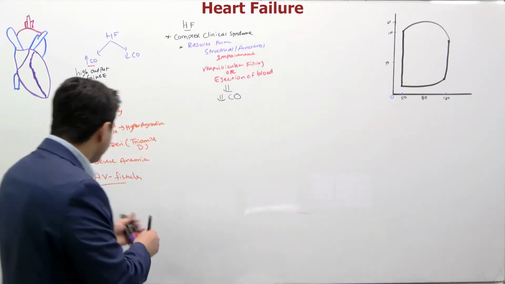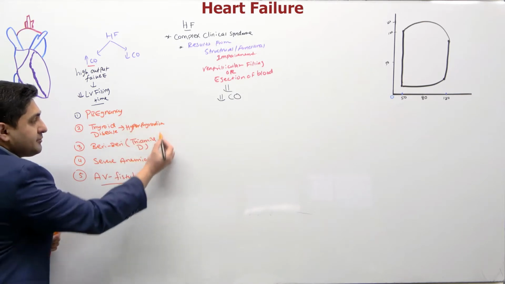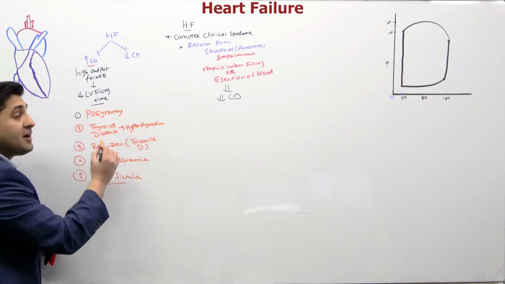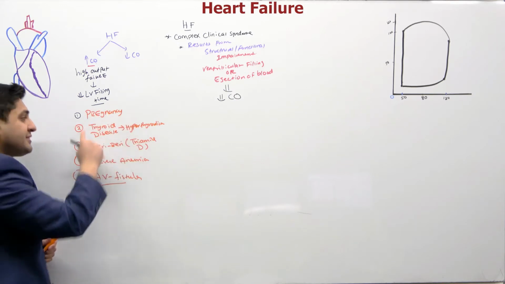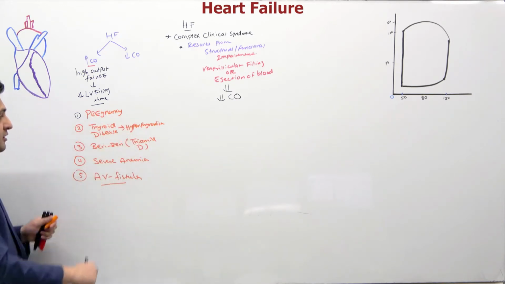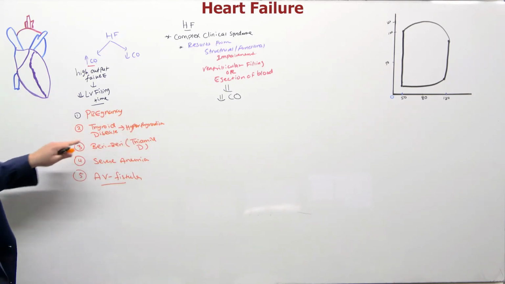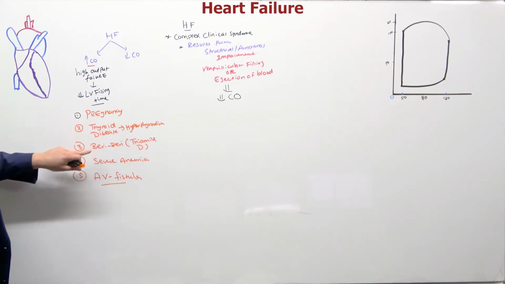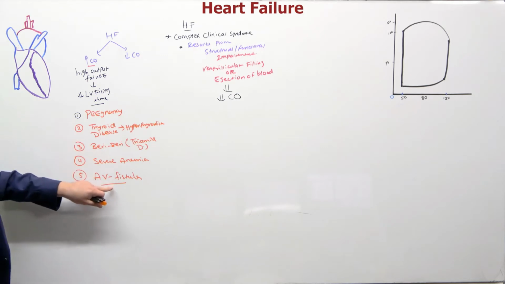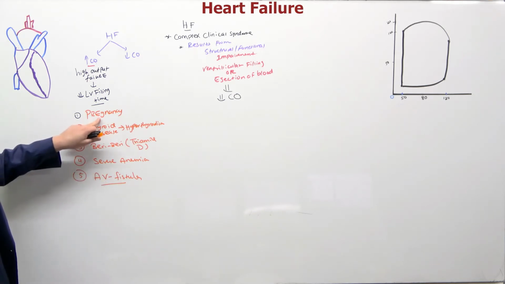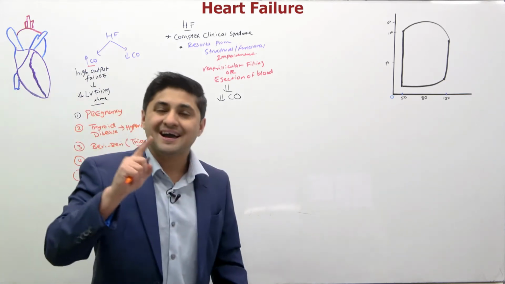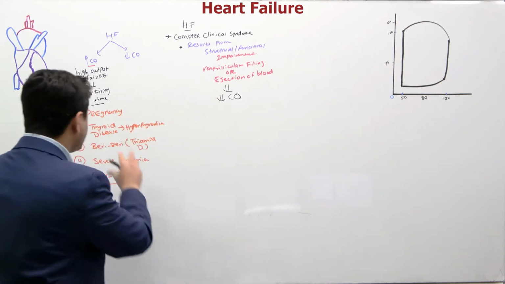In this case, even though the cardiac output is higher, it's still not enough for the metabolic demands of the tissue, which is caused by pregnancy, thyroid disease, beriberi, severe anemia or AV fistula. Remember, pregnancy is not a pathological condition, it is a physiological condition. So this is the one exception when you have a high output failure. Make sure you know this.